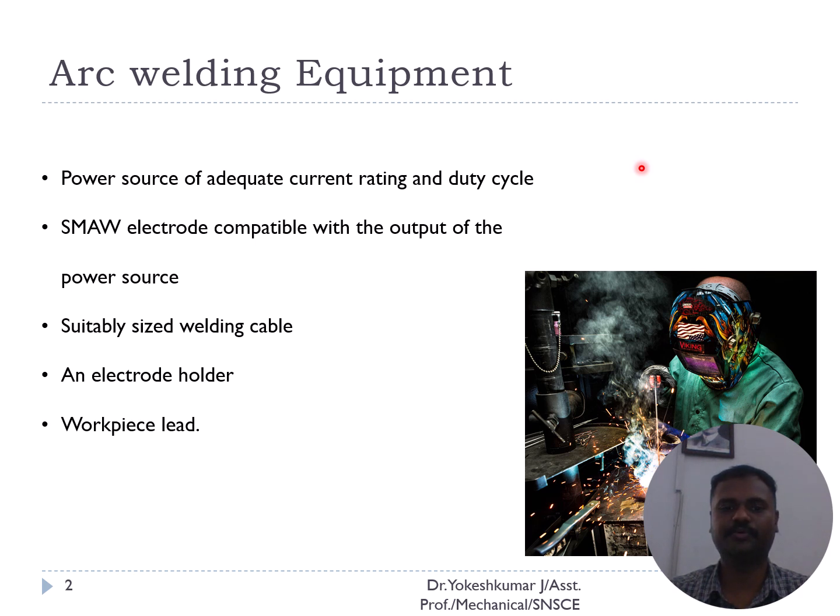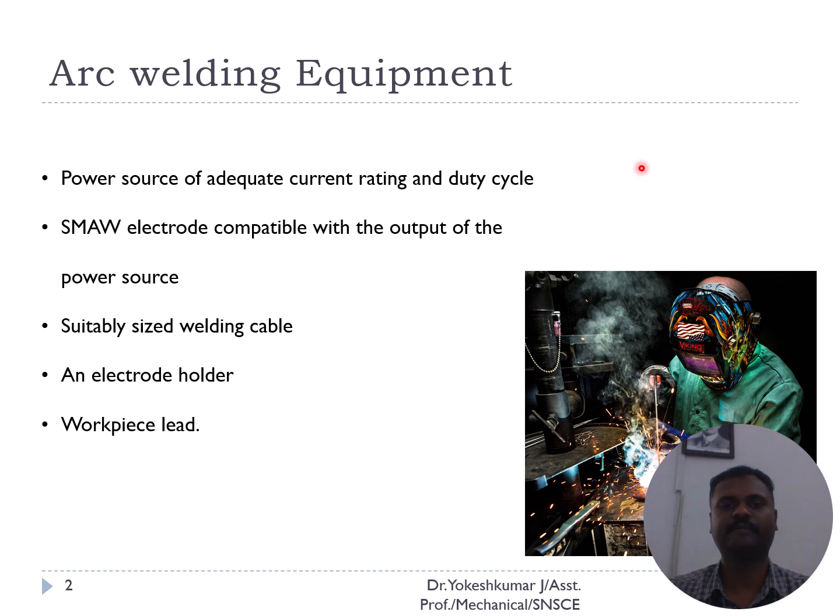Finally, it is joined together with the help of filler metal, or sometimes filler metal may not be used if the material thickness is very high. The material is heated to its molten state by creating an arc between the electrode and the workpiece. That's why it is called the arc welding process.